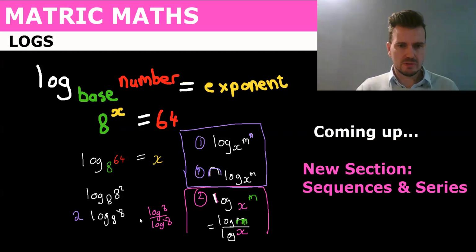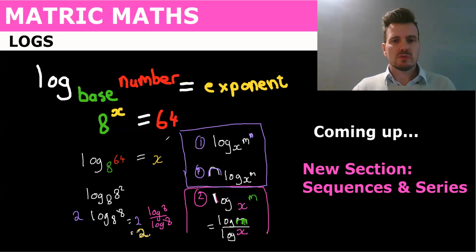And so we have 2 here, and there we go, we get 2 times 1, and we get our 2, which is what we knew x was.